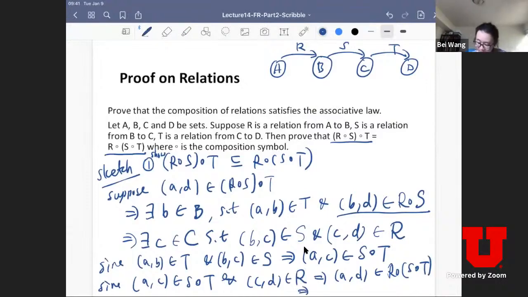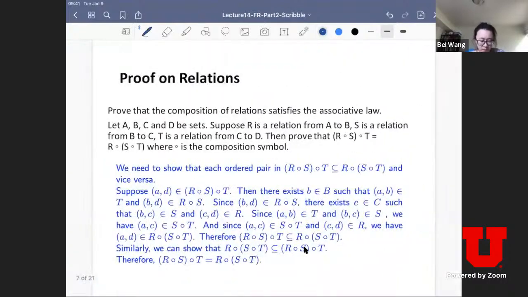Therefore the left-hand side is a subset of the right-hand side. All right, so this is a sketch of the first part, and the second part is similar. So this is a detail of the proof.